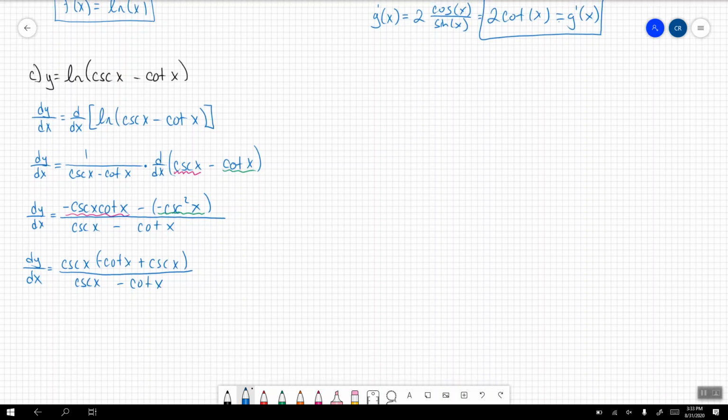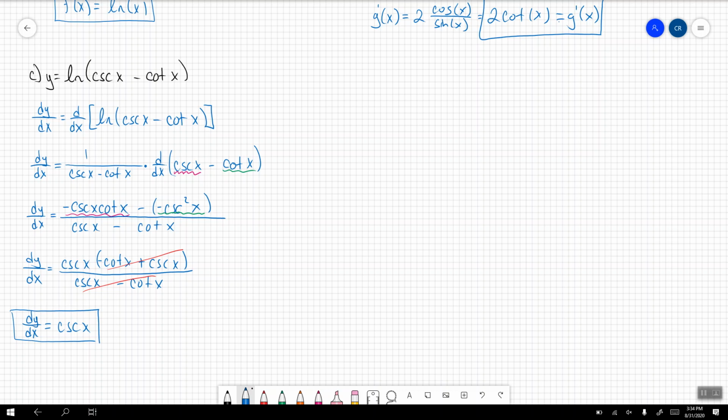If you analyze this a little bit further, you will see that the factor in the numerator is the same as the whole denominator. Since that is the case, those factors will cancel, and all we are left with at the end is that the derivative of that function with respect to x is equal to cosecant of x. Check that out. That is awesome.